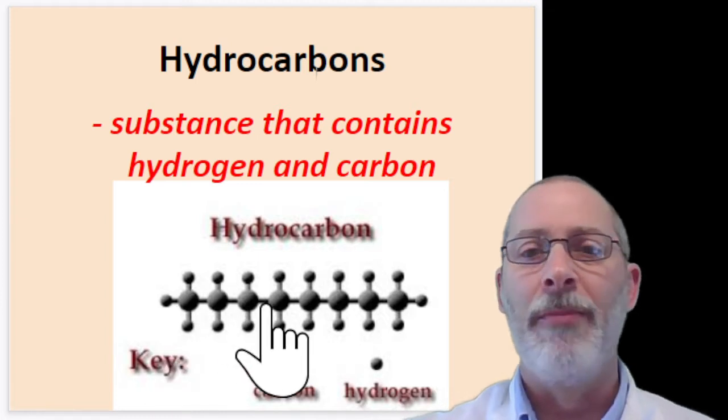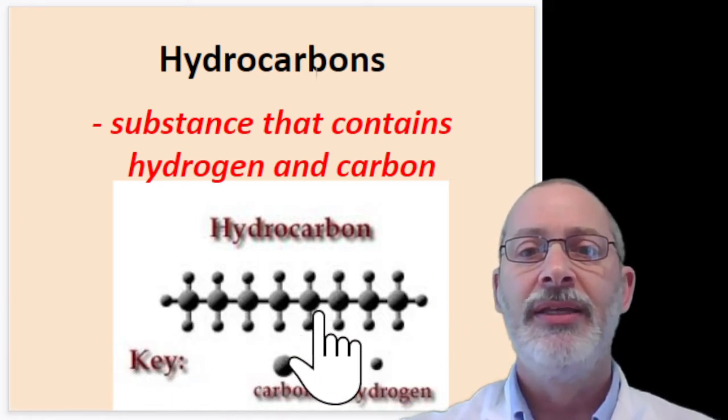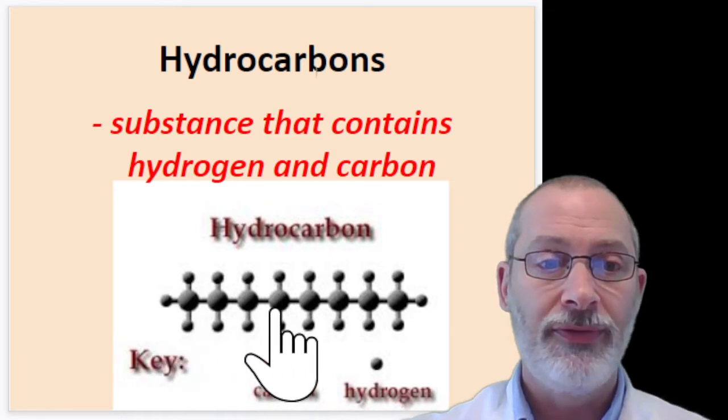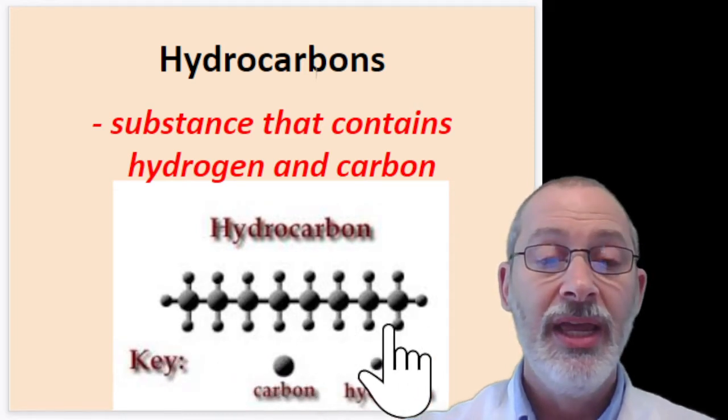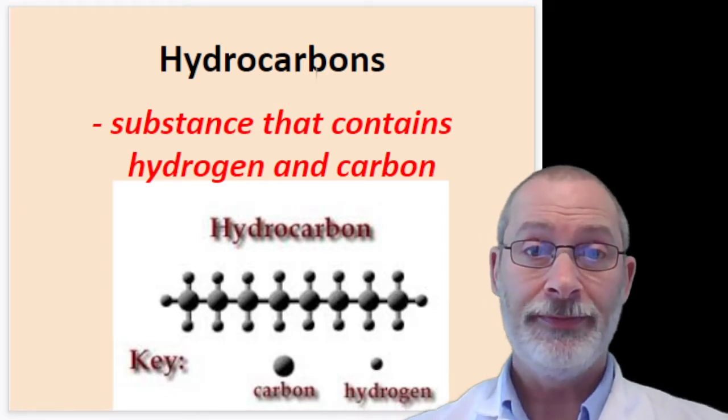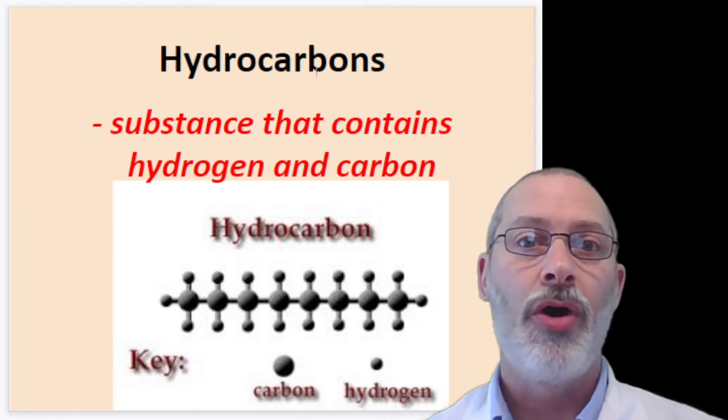But hydrocarbons are substances that contain both hydrogen and carbon. You can see this little model here of a typical hydrocarbon. Let's see, 1, 2, 3, 4, 5, 6, 7. This is actually a hydrocarbon with 8 carbons.